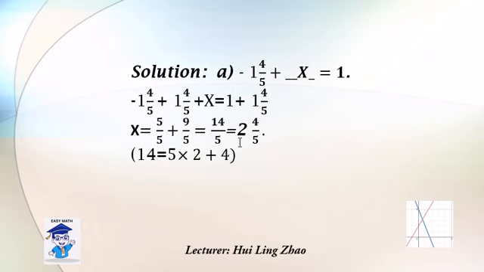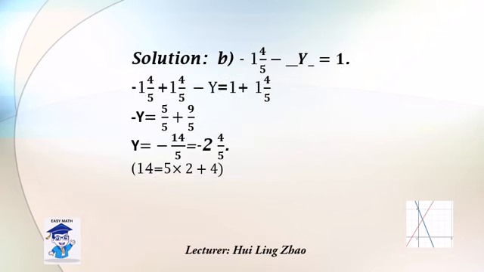We have to change it into the mixed number. And 14 equals 5 times 2 plus 4. So the final answer is 2 and 4 over 5, right? The 2 put in the front, and the 4 put in the numerator, right? So that's the answer for A.